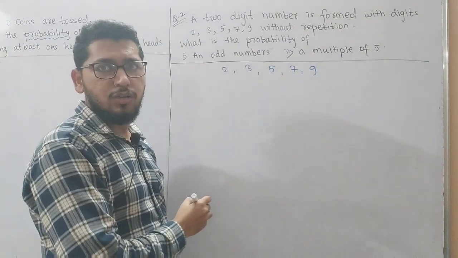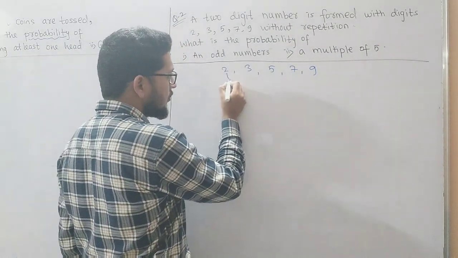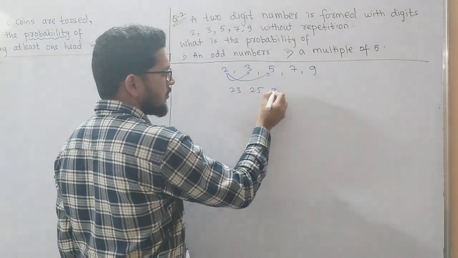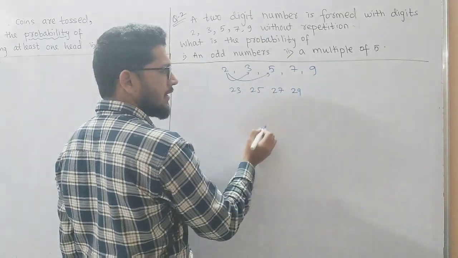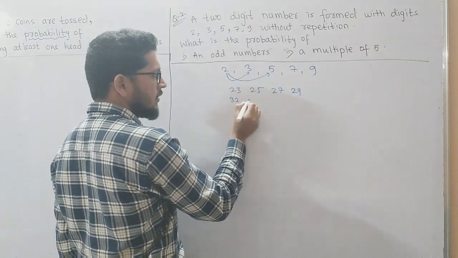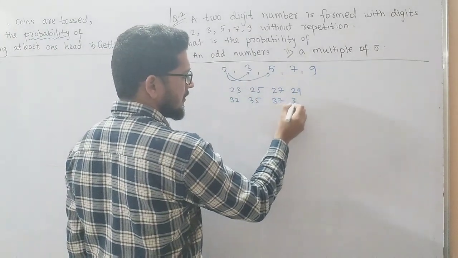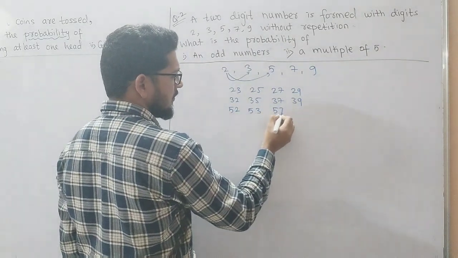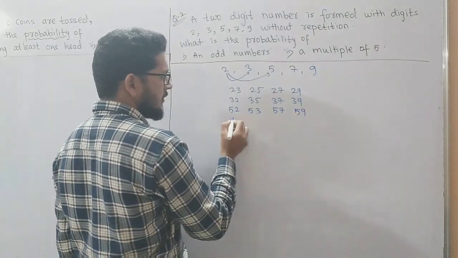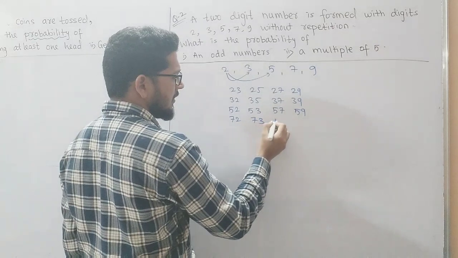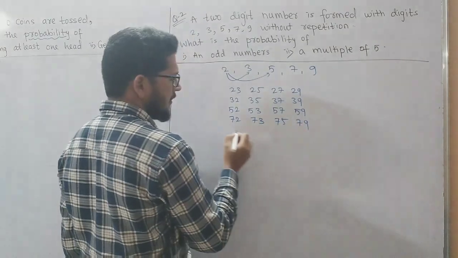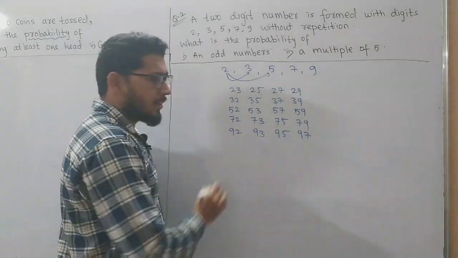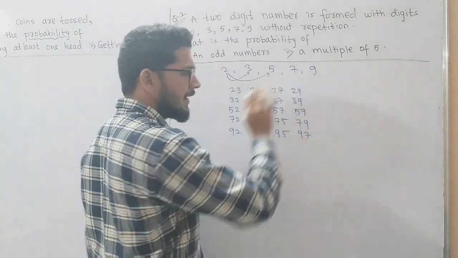Now how will we make 2-digit numbers? First we take 2 के साथ: 23, then 2 with 5, 25, then 2 with 7, 27, then 2 with 9, 29. फिर 3 के साथ: 32, 35, 37, 39, 52, 53, 57, 59, 72, 73, 75, 79, 92, 93, 95, 97. ओके, मतलब without repeating, 22, 33, 55, 77, 99 नहीं लेना है.